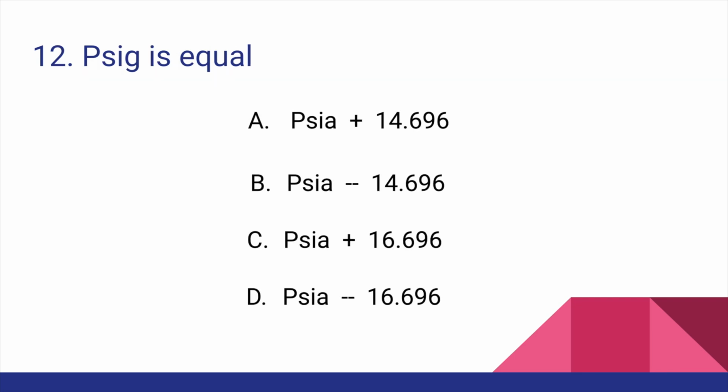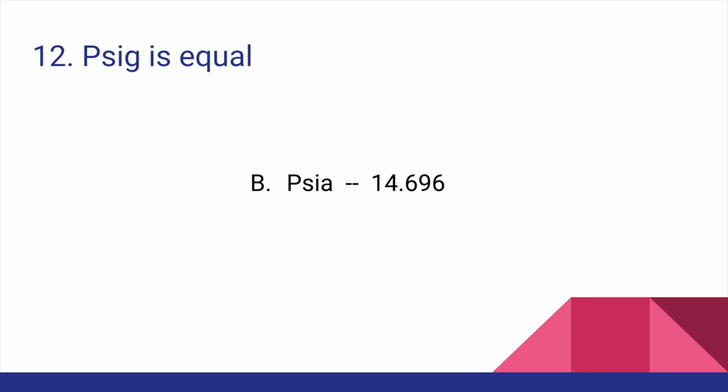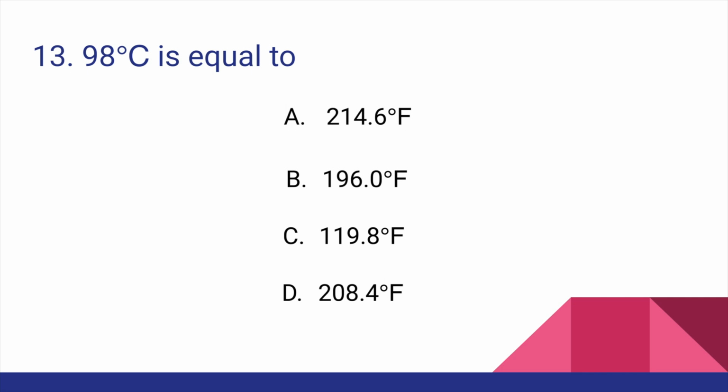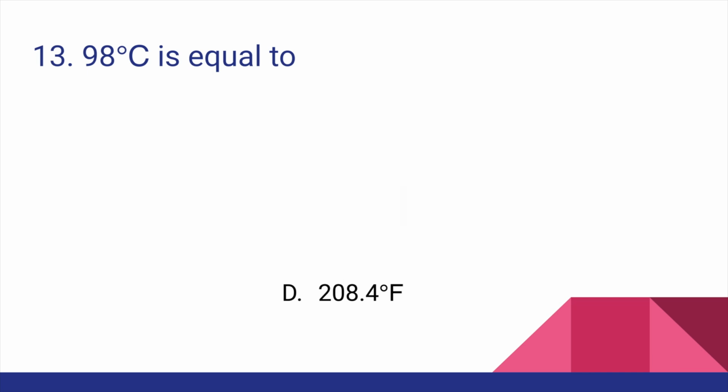Number 12. PSIG is equal to what? 14.696. Number 13. 98 degrees Celsius is equal to what? 208.4 degrees Fahrenheit.